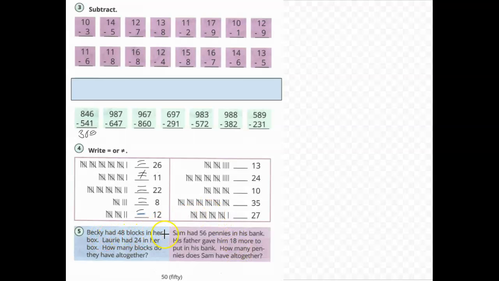Becky had 48 blocks in her box. So she has a box and it has blocks in it, okay? And Lori had 24 in her box. How many blocks do they have all together?